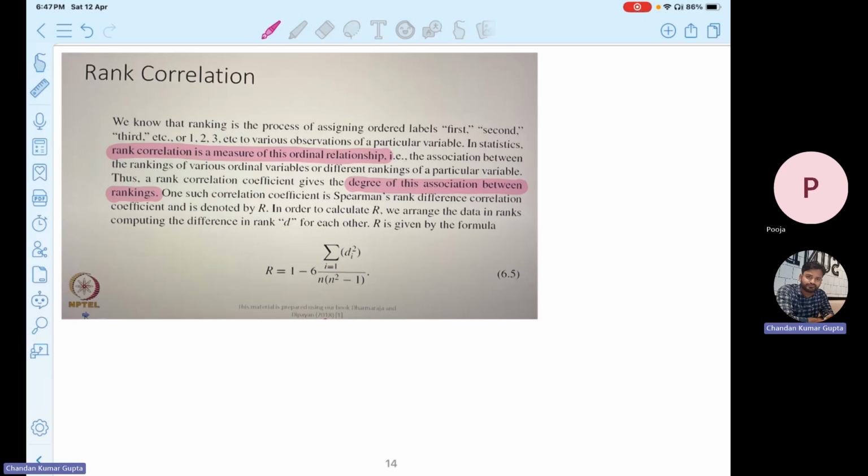Then in statistics, the rank correlation is a measure of the ordinal relationship. In the above case, we were given continuous data, where the random variables x and y are continuous.